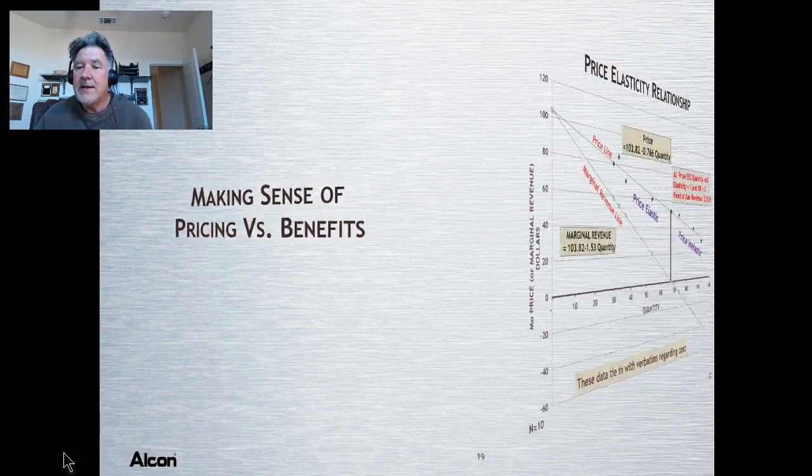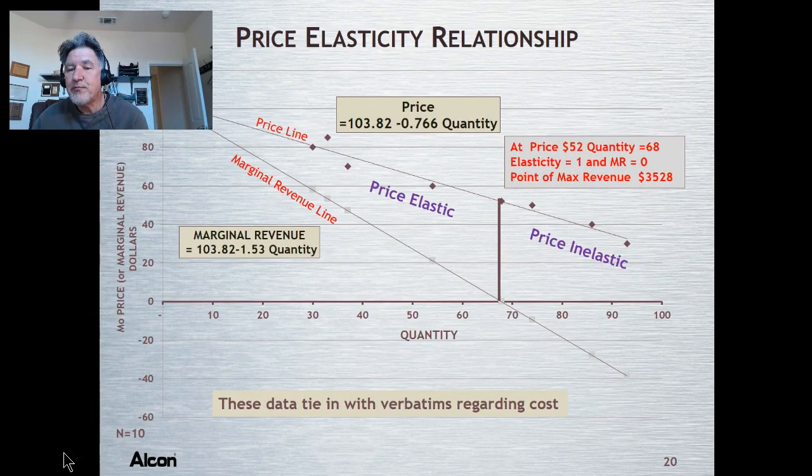Now, the first thing that folks think about is going to be price elasticity, and basically what we have here, and I'm going to pull up a laser pointer, is a demand curve, which you should be exposed to in microeconomics.